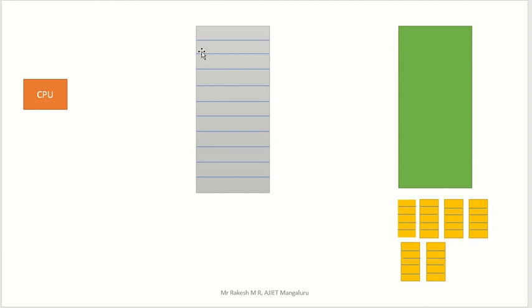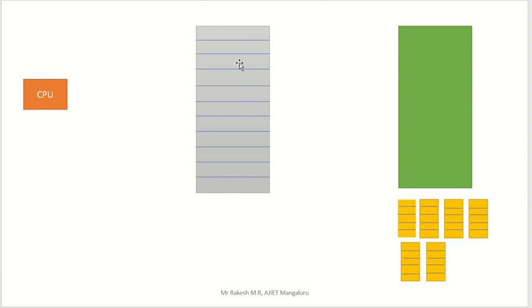Then here total is 100 KB. But how many pages can we load here? 40 is 1, 2, and 3? Only 2, because 40, 80, 120 we can't load here. So we can load only 2 pages.